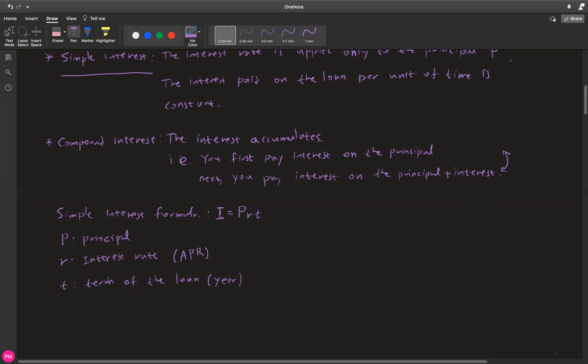So let's do some examples that will use this simple interest formula.